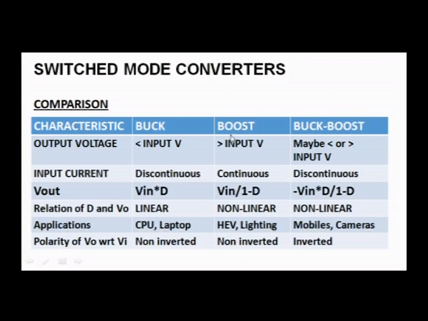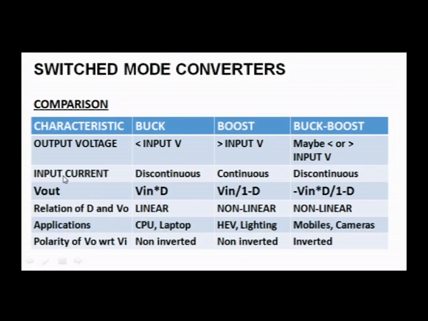In a boost, the output voltage is greater than the input voltage. In a buck boost, the output may be less than or greater than the input voltage, because it is a combination of both stepping down and stepping up, and it is a range of output values.